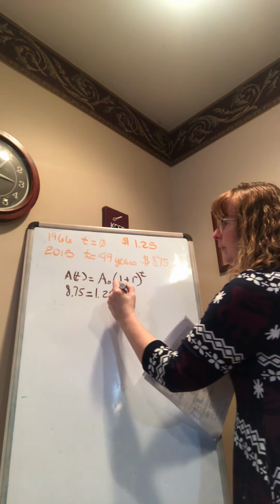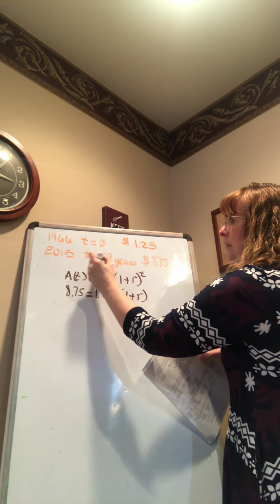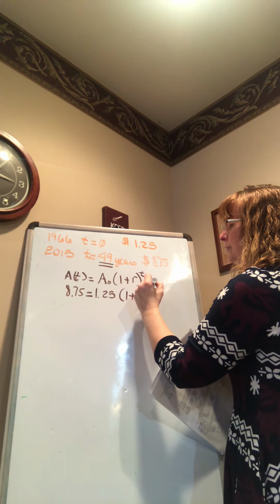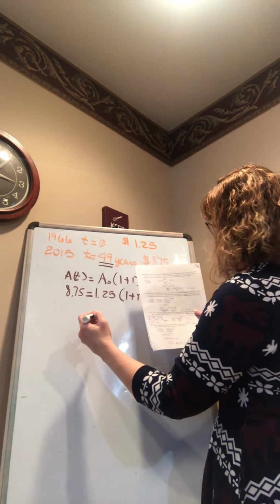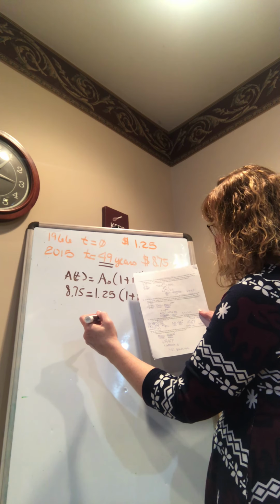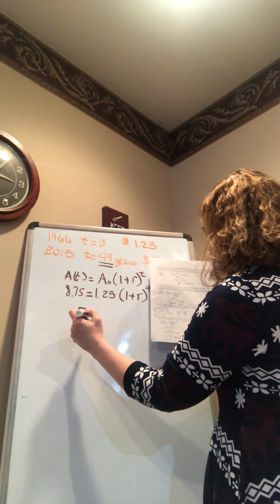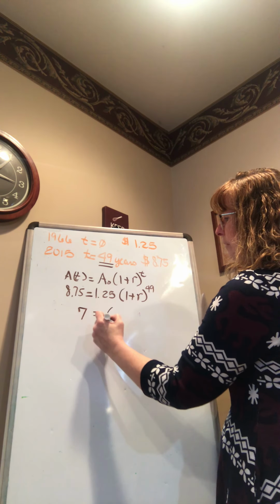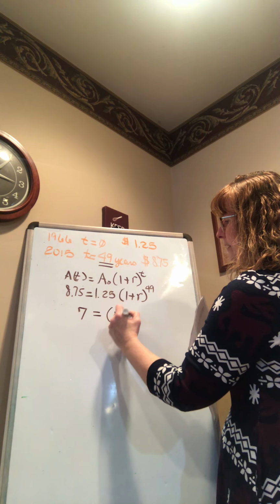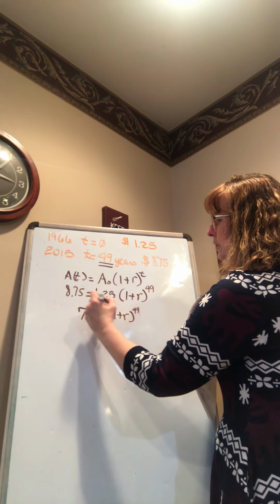I don't know what the rate was, but I know the time was 49 years. So I look at this and I have 875 divided by 125 gives me 7. And then that gives me my 1 plus my rate raised up to the 49. So I didn't write this out, I probably should.